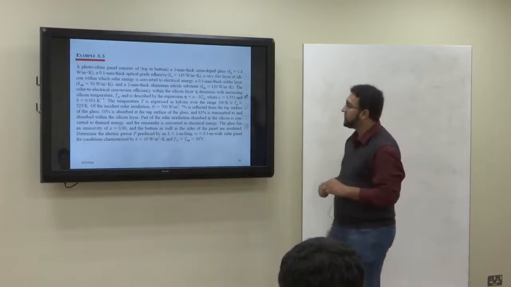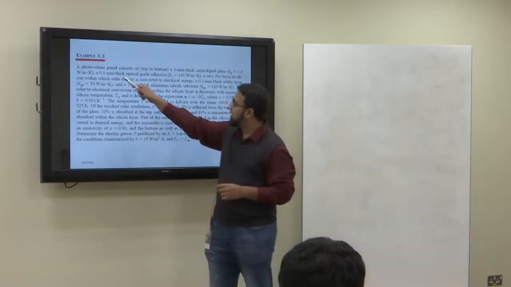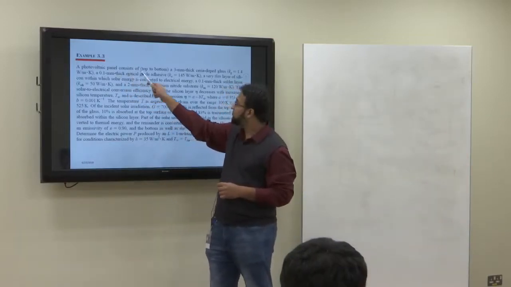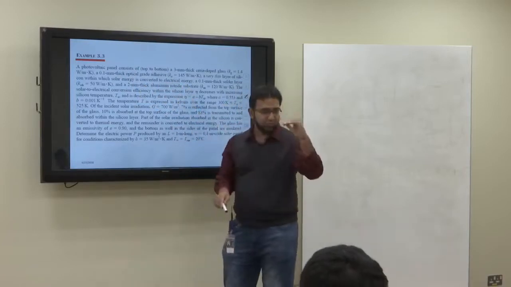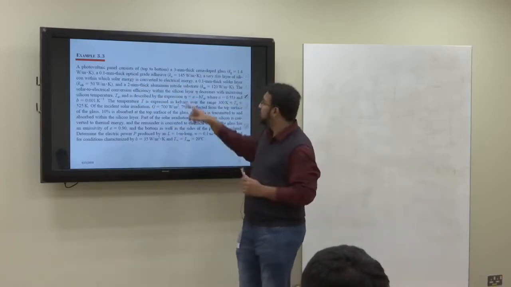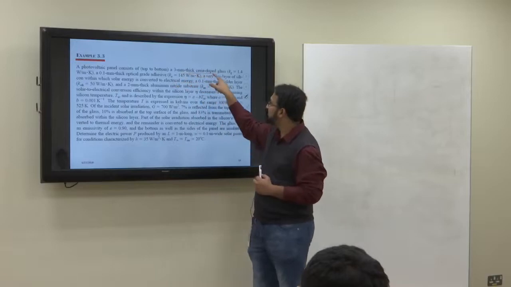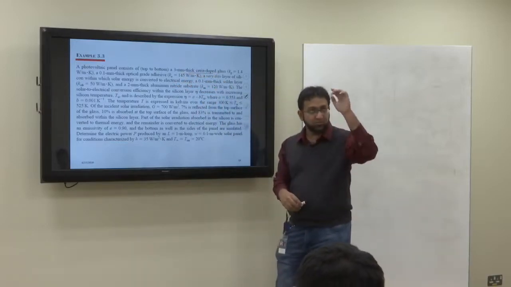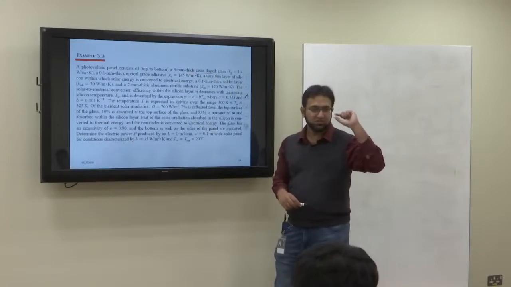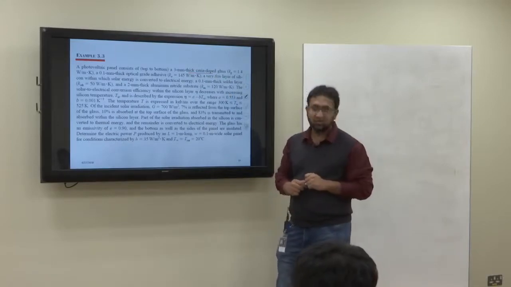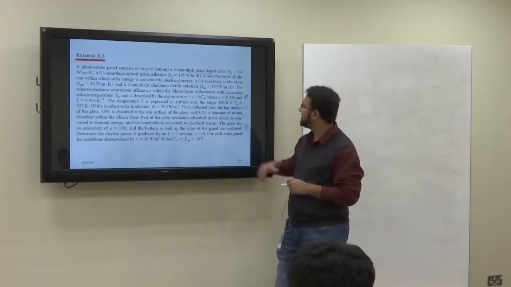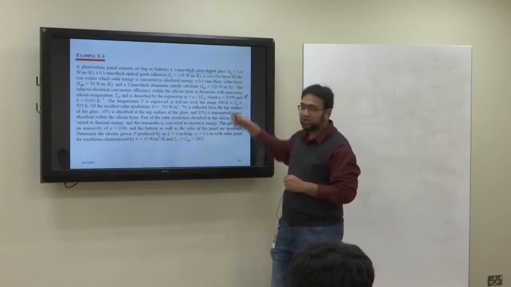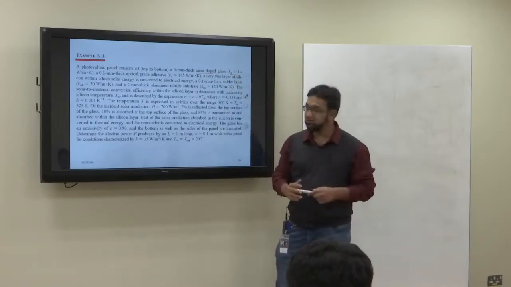So let's read the problem. We have a photovoltaic panel. It's written from top to bottom what the layers are. A 3 millimeter thick ceria doped glass. From the top, the first thing is the glass, 3 millimeter thick, and its thermal conductivity K value is given.